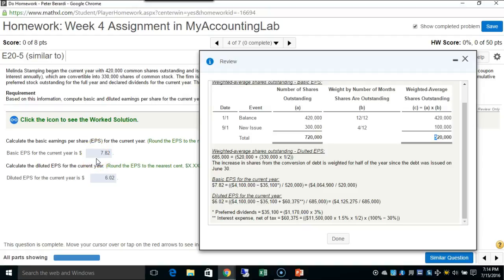Basic. Now you take your earnings per share basic numerator of the 4,100,000 minus 35,100 for preferred dividend requirement. You have to add back the convertible bond interest net of tax. That interest is going to be the 11,500,000 convertible at par value times 1.5% times 1/2.